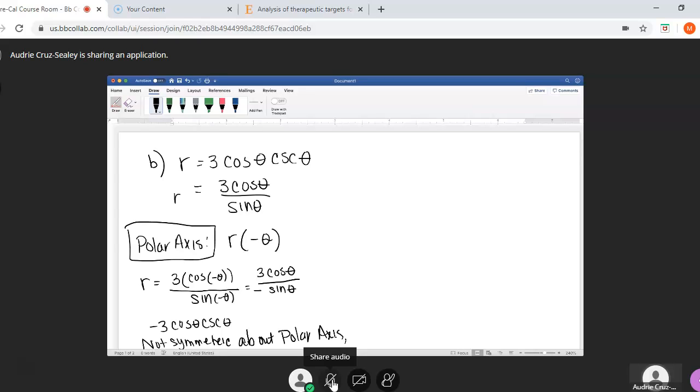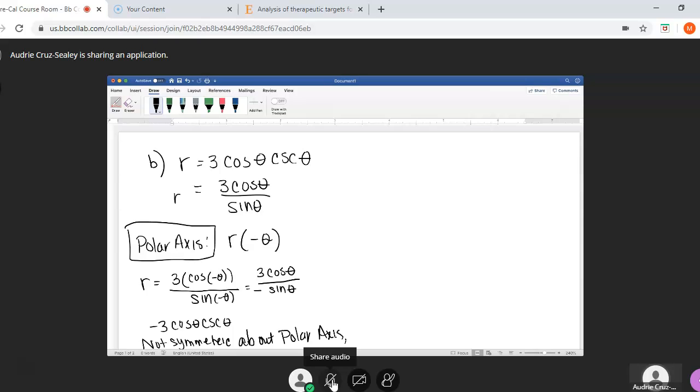Okay. So I dropped the negative sign inside of the cosine, and you can do that because it's even. But notice what I did with sine. I took the negative inside with the theta, and I had to put it up front because sine is odd. Write that down if you forgot. So sine is odd, which means that negative sign has to come up front. So now if I simplify this, the whole thing's negative.